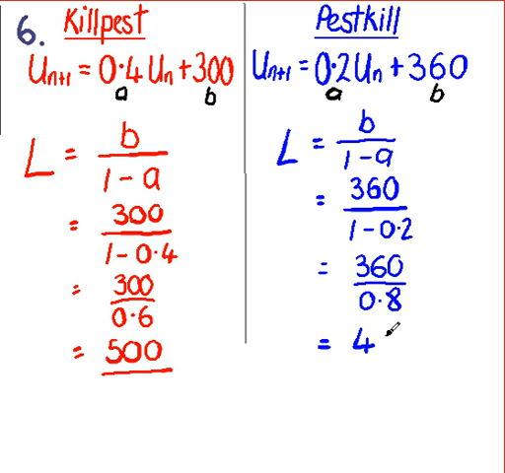So that means that using Pestkill, the amount of pests in the long term reaches a limit of 450.